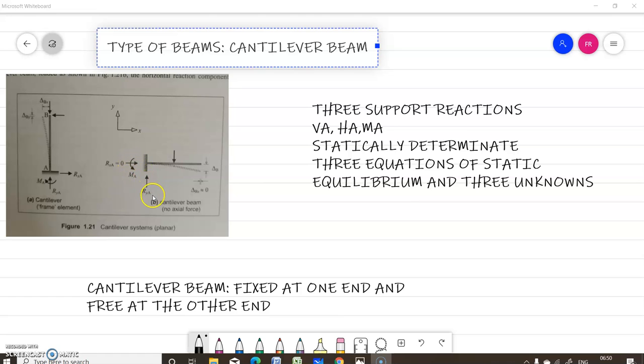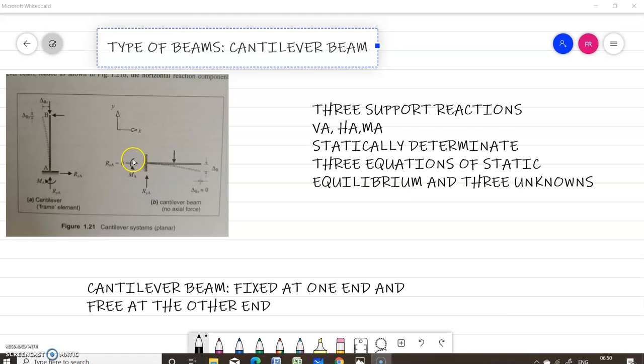They are VA, vertical reaction, HA and MA, corresponding to the three restraints provided. That is, this support will not allow movement in the X direction, movement in the Y direction, and also the rotation is prevented.